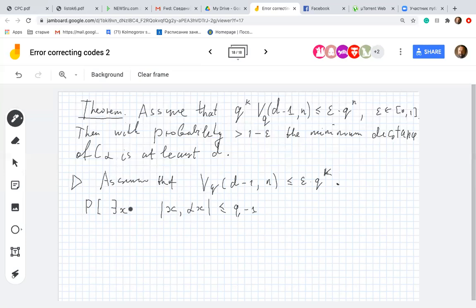That actually means that x is non-zero, because if x is non-zero, then certainly this code word is non-zero. And if x is 0, then both x and alpha x are 0, so it is a 0 code word. So the bad event means that there is non-zero x such that the Hamming weight of x, alpha x is at most d minus 1.